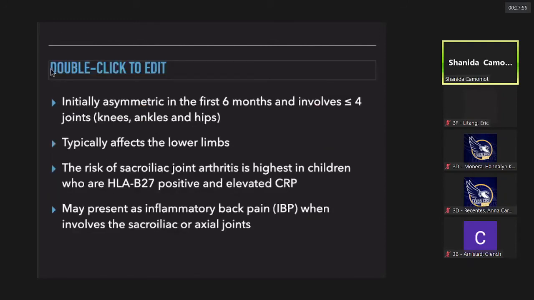Initially, it is asymmetric in the first 6 months, and it involves 4 or fewer joints, most commonly the knees, ankles, and hips. So it typically affects the lower limbs. The risk of sacroiliac joint arthritis is highest in children who are HLA-B27 positive with an elevated CRP.